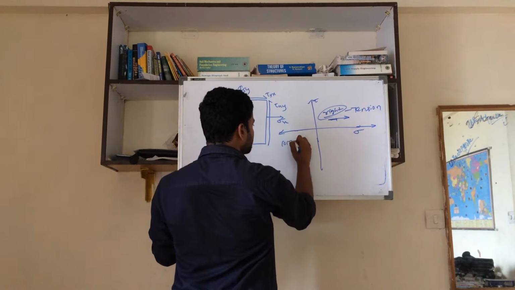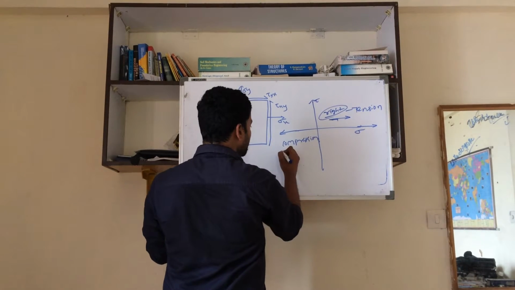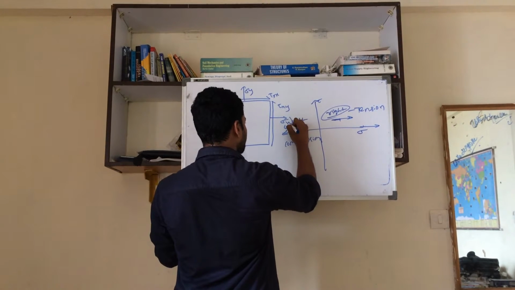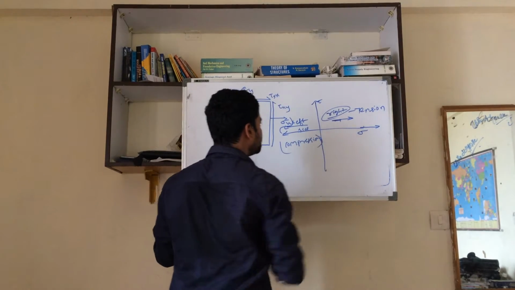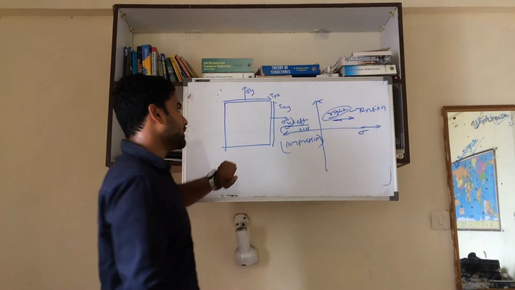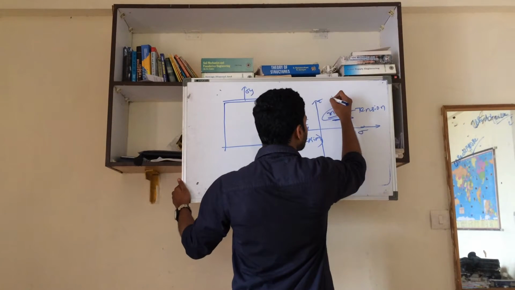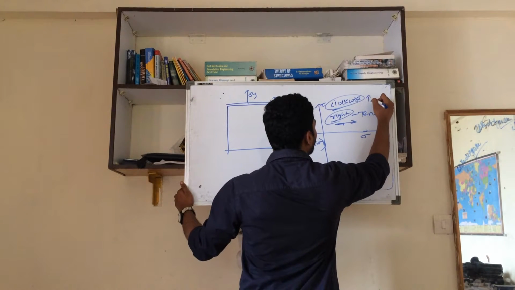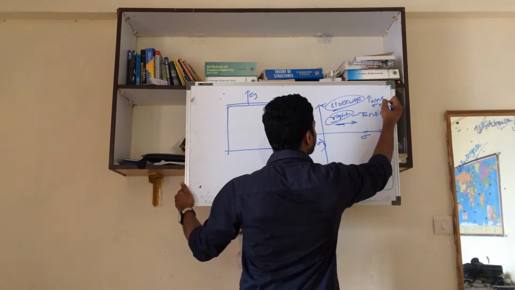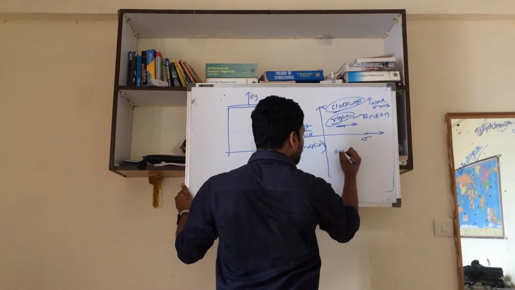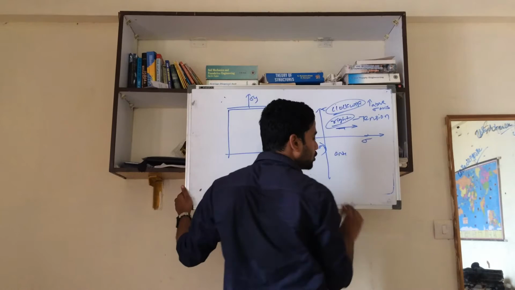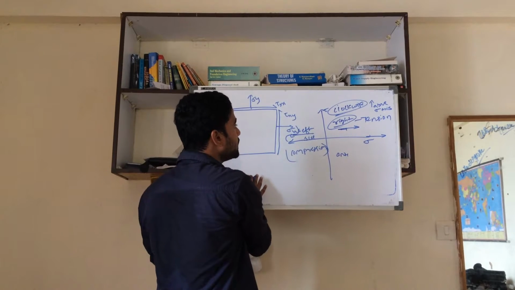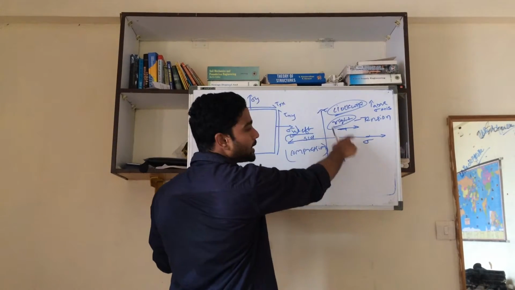For compression, the point will be represented on the left side of the tau axis. And if the shear stresses produce a clockwise moment, then it will be taken above the sigma axis.